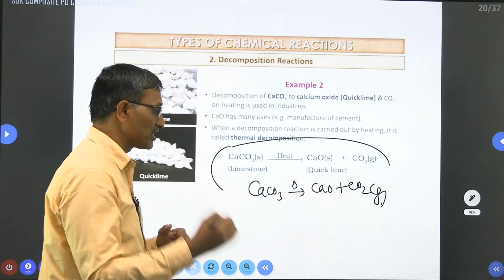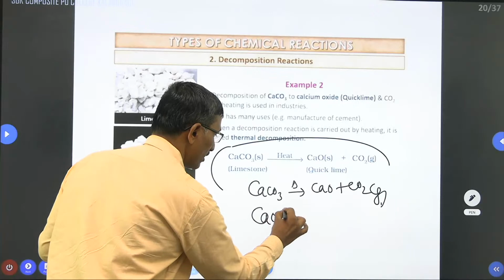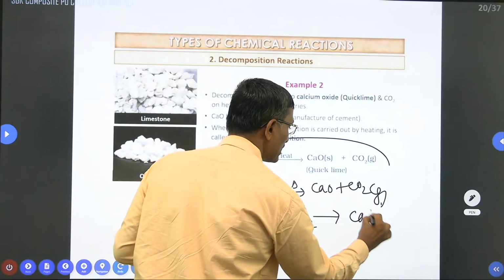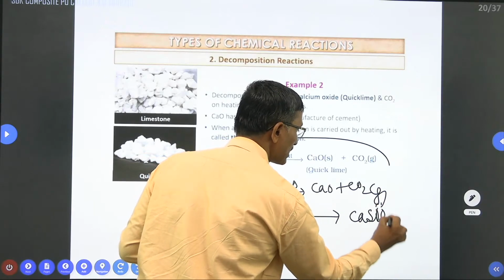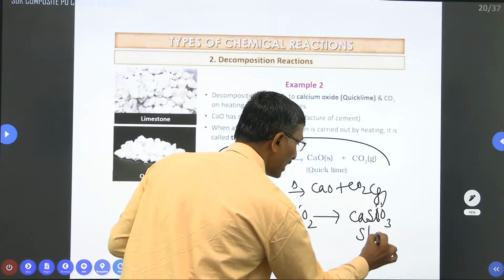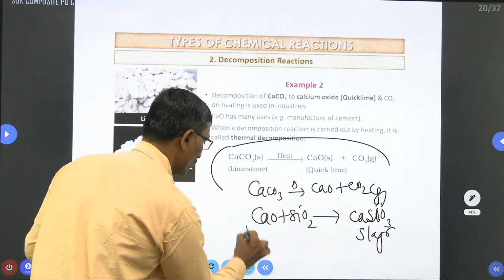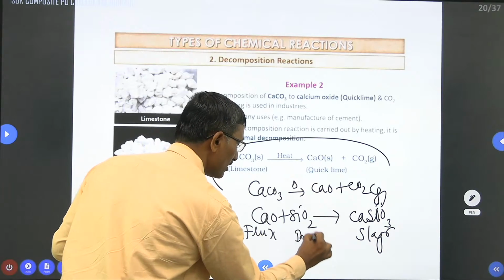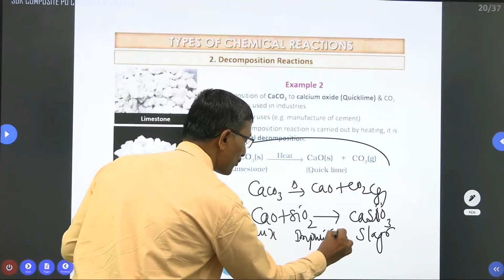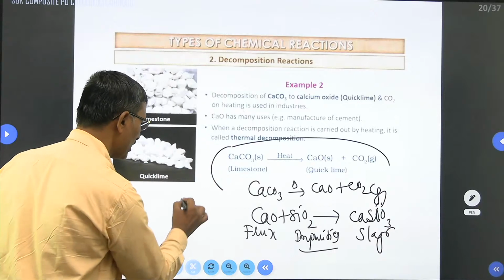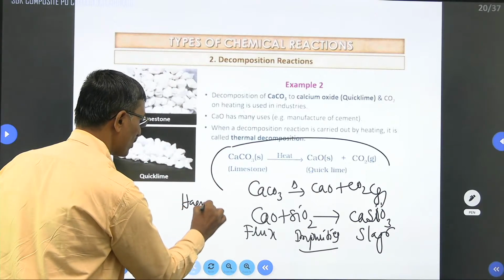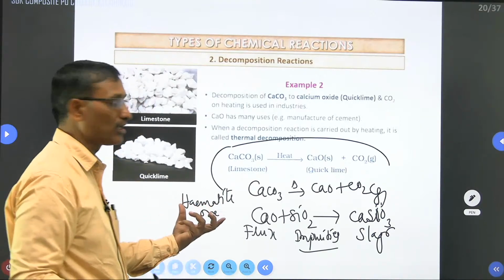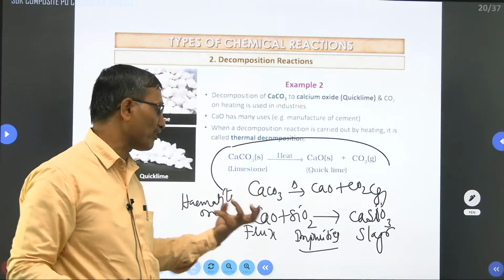Now this calcium oxide combines with silica to form calcium silicate, CaSiO3. This is known as slag. This is known as flux. This is known as impurities. Which type of impurities? Acidic impurities. These will be present in the hematite ore during the extraction of iron metal by following the blast furnace.